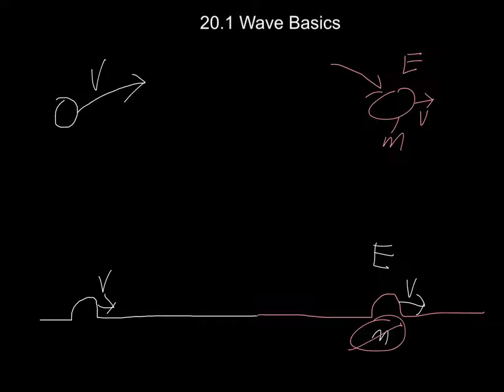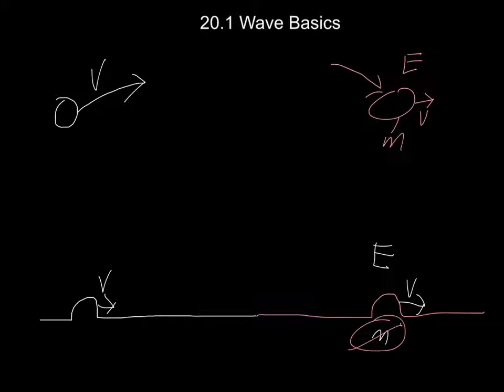So this little disturbance is going to move with some velocity v, and when it gets to the other end, it will have energy. However, if you notice, this slinky didn't move. So we had a slinky going the entire length, and we started with some velocity, we ended up with some velocity, we ended up moving energy, but we did not move mass.